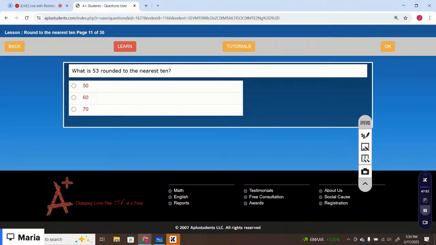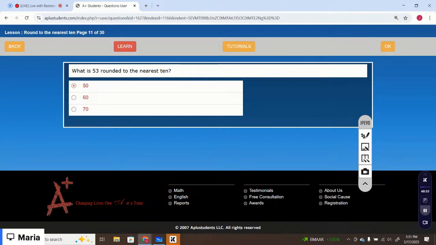What is 53 rounded to the nearest 10? Fifty-three is rounded to 50.